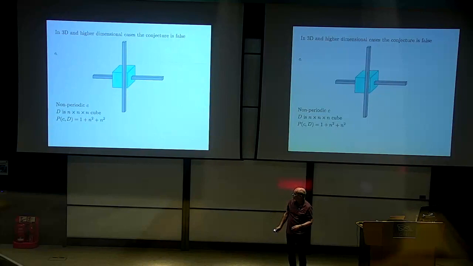And then you have n squared choices for the horizontal bar to pierce through the cube. But the cube is not big enough so that both bars could pierce through the cube. So that's the total number of different patterns that you have, and that's less than the volume of your cube, which is n to the power of 3. Right? So it's low complexity, it's not periodic.